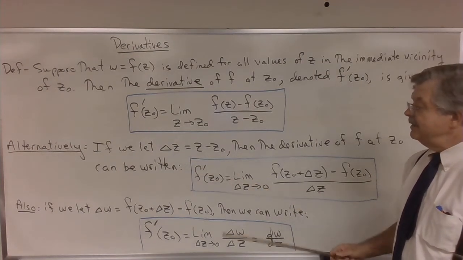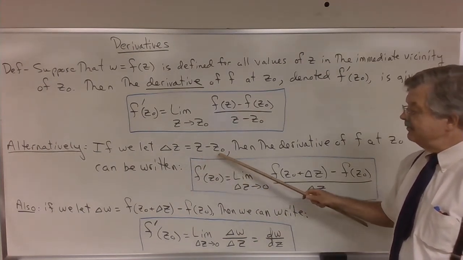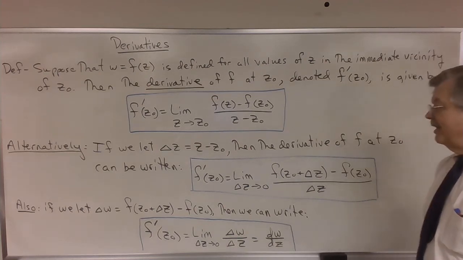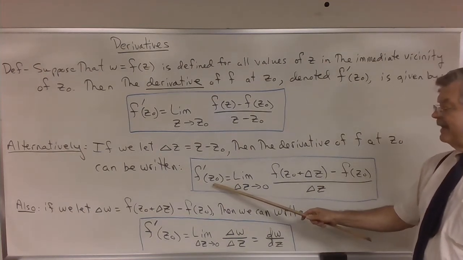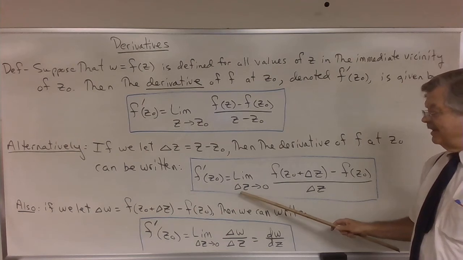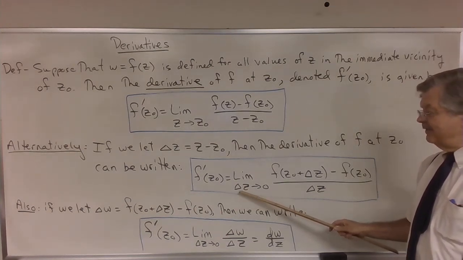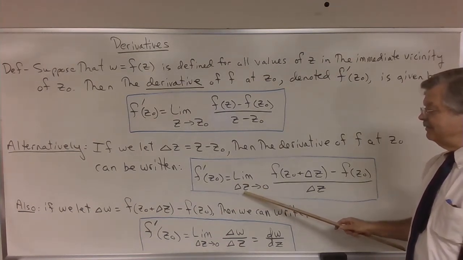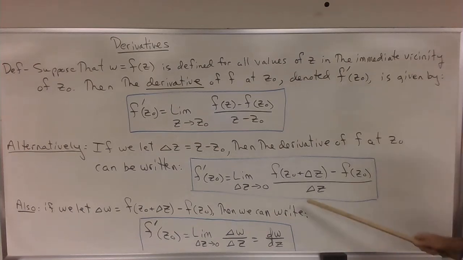Let delta z equal z minus z naught. Then the derivative of f evaluated at z naught is the limit as delta z goes to 0 of f of z naught plus delta z minus f of z naught all over delta z.